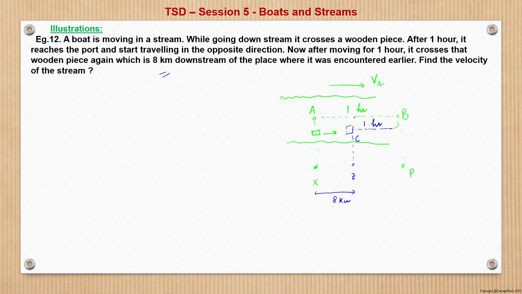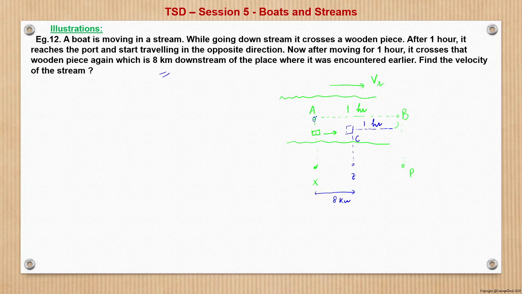So basically, if we see at this junction where the boat is overtaking the wooden piece, right? If we now see in the frame of the river, when we take the river as a frame, we assume the river is not moving. So hence the wood will also not be moving.